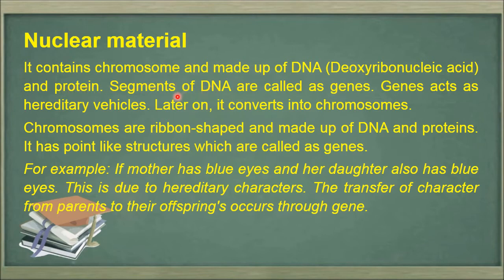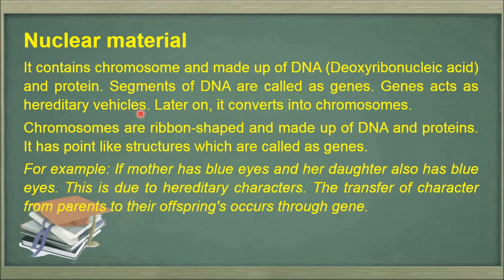Let's study further. Segments of DNA are called genes. A part of the DNA is called a gene. Now what is a gene? A gene acts as a hereditary vehicle. Hereditary vehicle means it carries the characters from parents to offspring, from parents to the next generation.